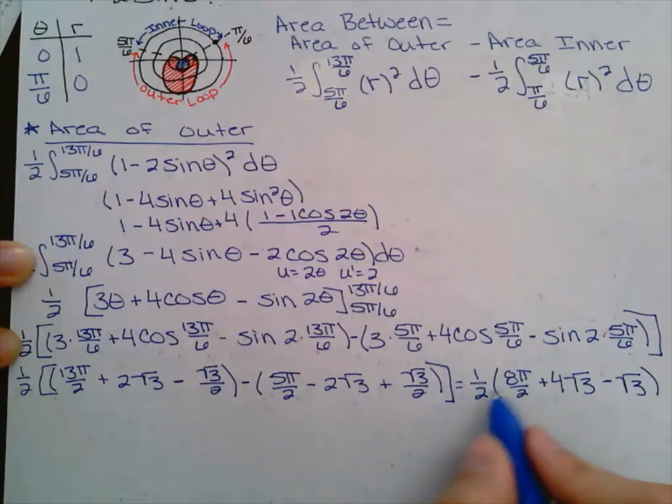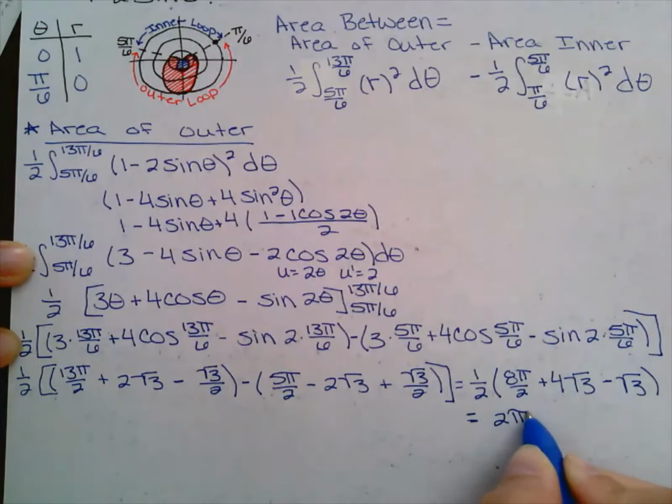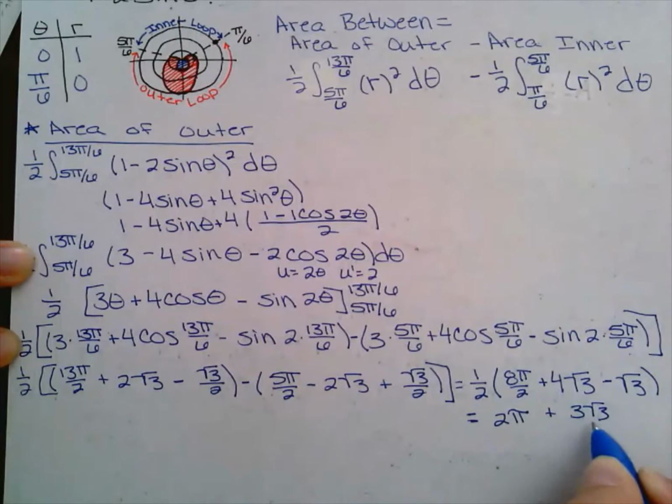And if I combine this one more time, I distribute and I combine these two. I end up with 2 pi plus 3 radical 3 over 2. So this is my answer to the area of my outer loop.